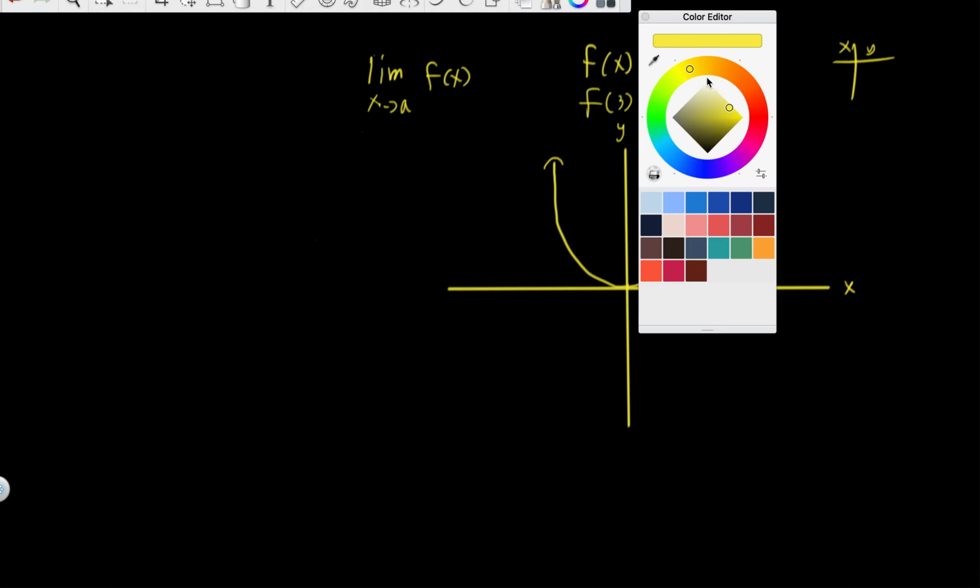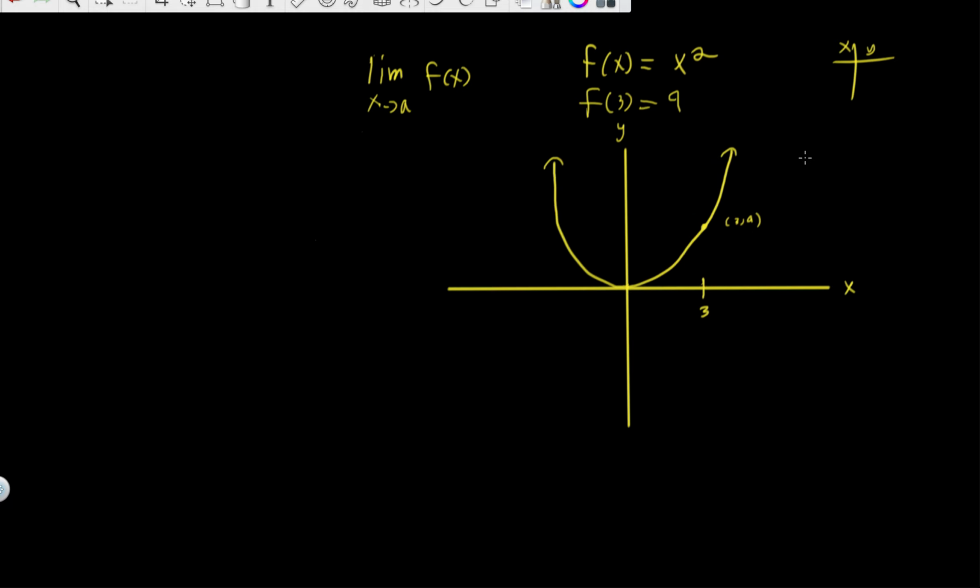We plug in 8, we get f of 8, and that becomes 8 squared, which is 64. Let me extend this a little bit. We're going to pretend like x equals 8 is right here, and this corresponds to some value, let's pretend it's right here. It'll probably be a little more this way, but I'm going to run out of space. So let's just say this is (8, 64).